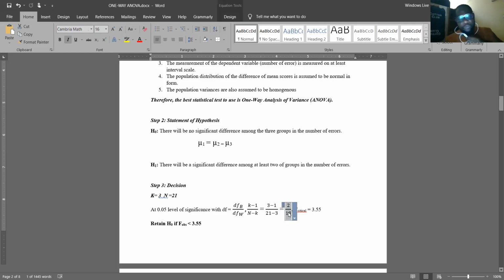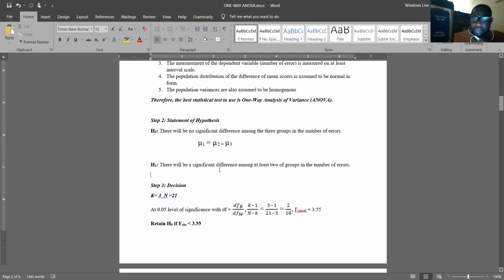Like what we normally do for the previous ones, we will use this information to generate our critical value. So let me screen share the critical value table so that we can move on.